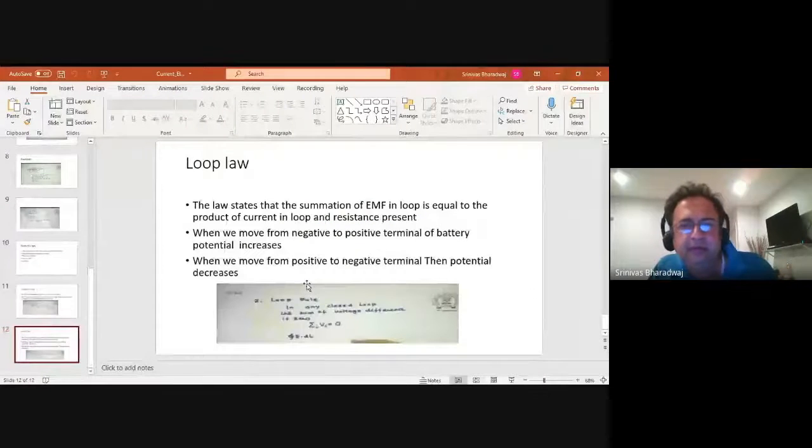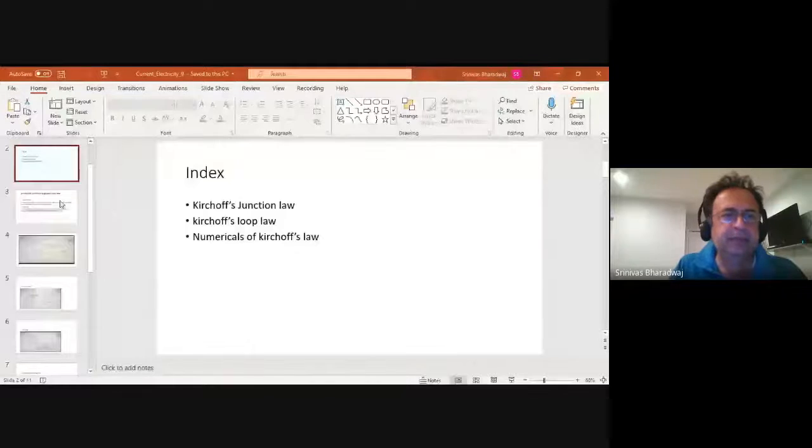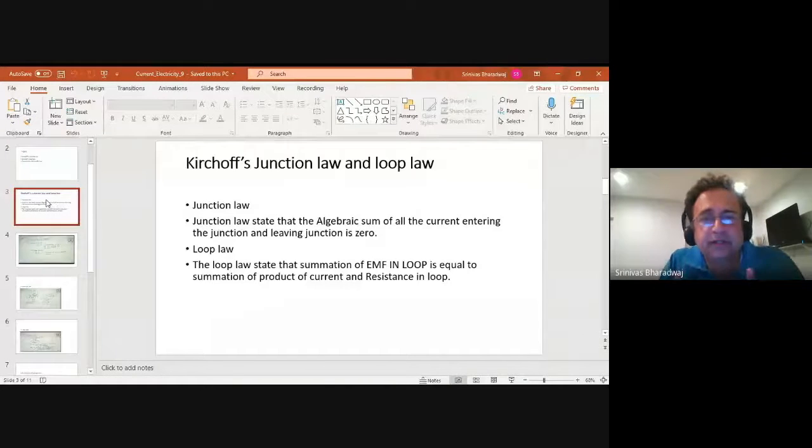So that pretty much gives you the loop law. What I am now going to do is introduce a couple of quick examples, and then next week I'll continue with this material, because I don't think I can do justice to all the remaining material; there's a lot of it.